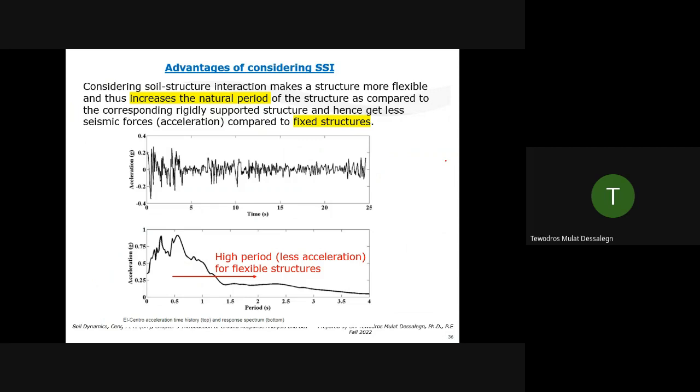Advantage of considering SSI. Depending on the soil and the rock, there are some advantages to considering SSI. When you consider SSI, it's getting more flexible. It's allowing you to move. When it's rigid, it's fixed, it's not moving. In the input motion case, for example, you have a time history like this. You convert it into response spectrum.